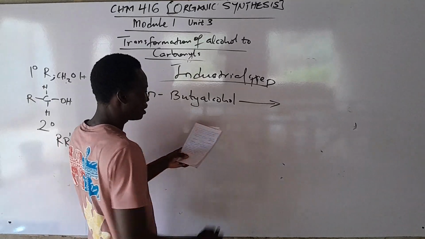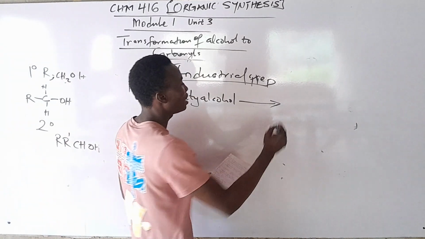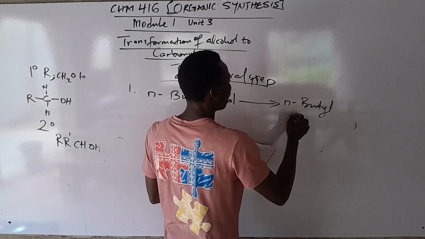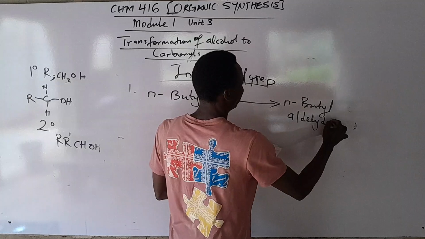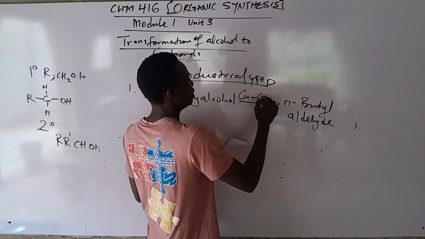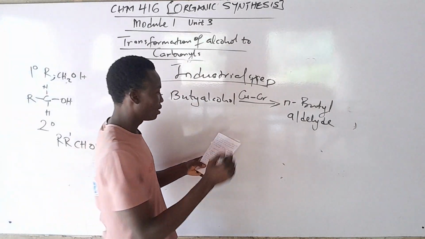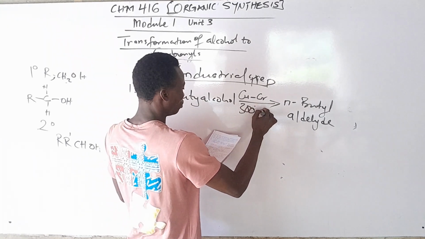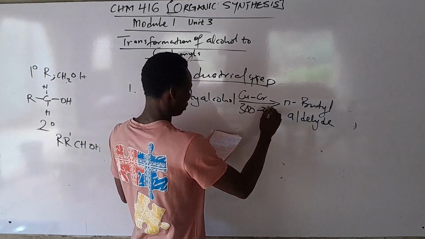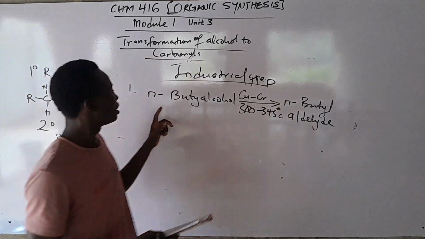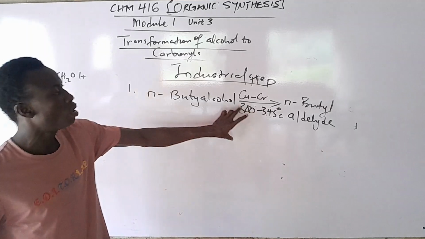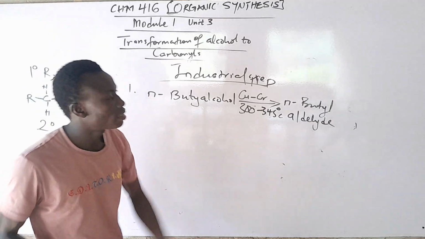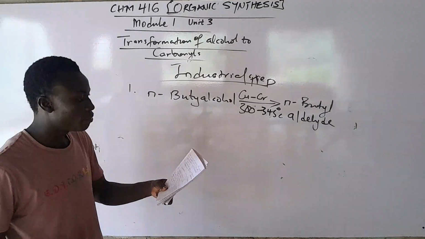N-butyl alcohol can be converted to what we call butyl aldehyde in the presence of copper chromate at a particular condition, which is about 300 to 350 degrees Celsius. That is that. N-butyl alcohol can be converted to n-butyl aldehyde in the presence of copper chromate at a temperature of about 300 to 345 degrees Celsius.